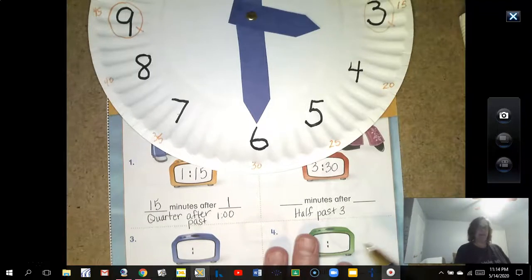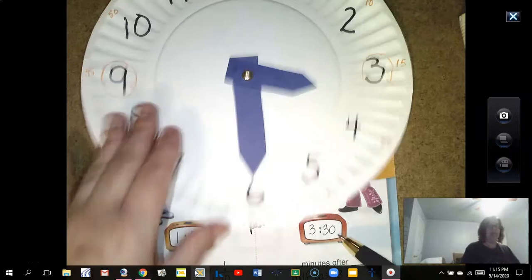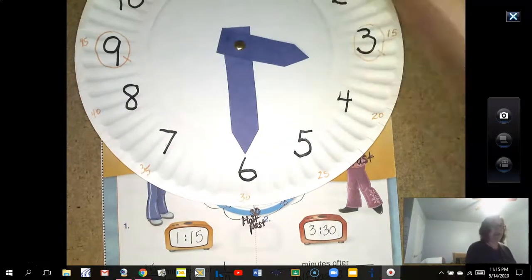So half past 3. So you'll hear people say half past 3, half past 8, half past 12. And that's just the same as saying 12:30 or 1:30 or 2:30 or like in this one, 3:30. 3:30 is half past 3. The hour is 3 and we've gone halfway around.